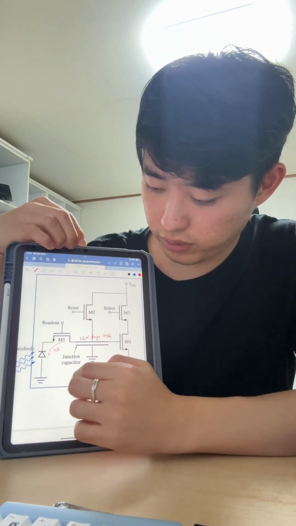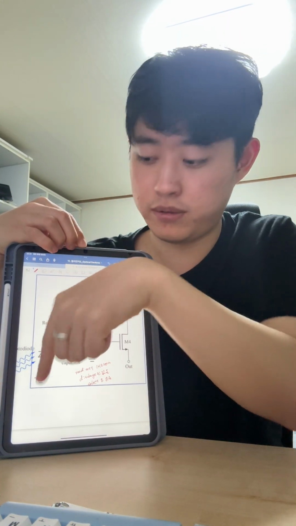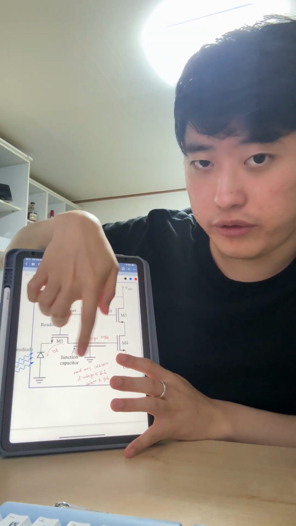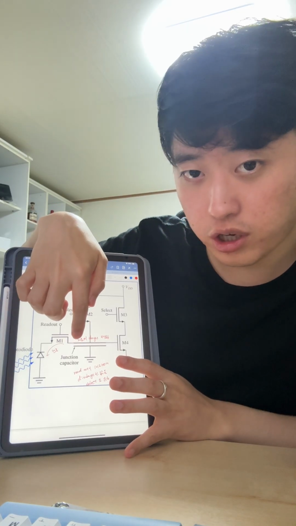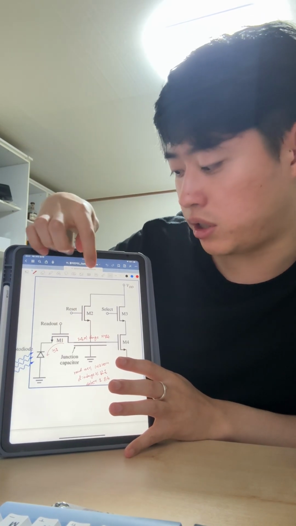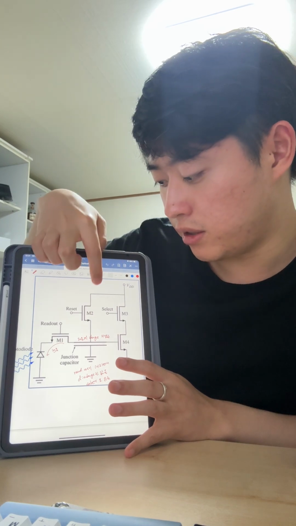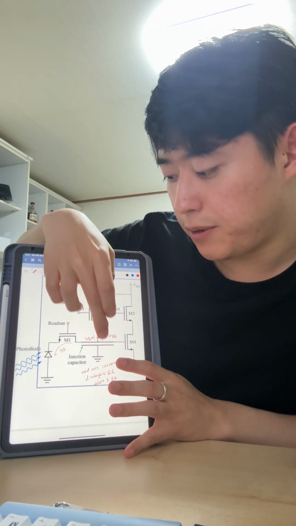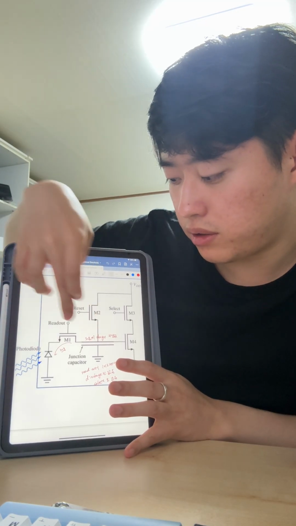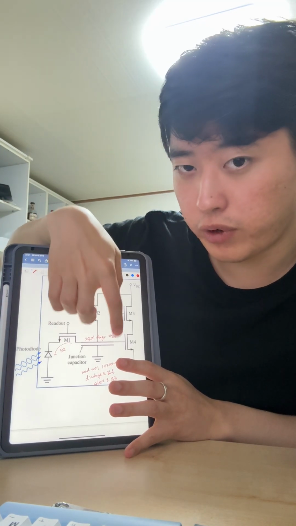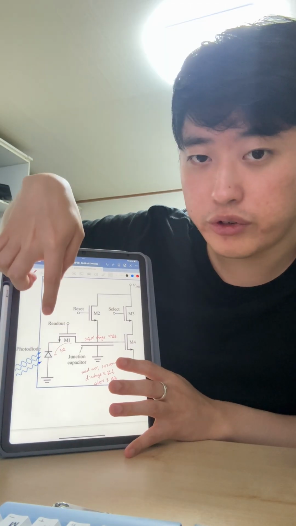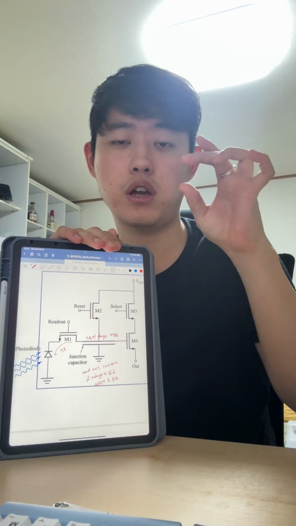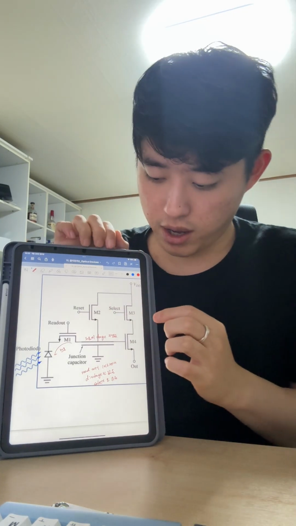In the initial condition, this junction capacitance has a lot of energy from VDD. When readout is turned on and this current goes through the diode, the energy of the capacitance goes down.